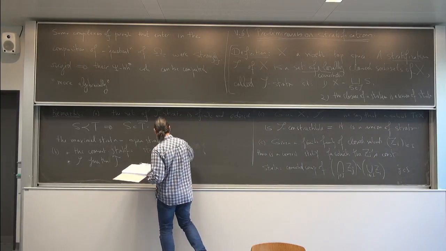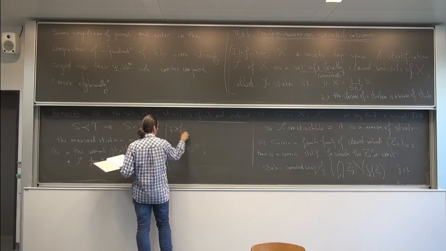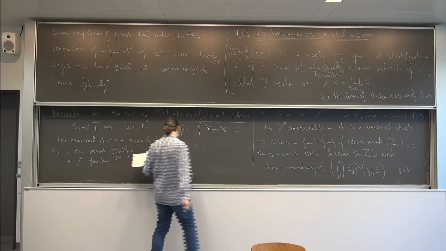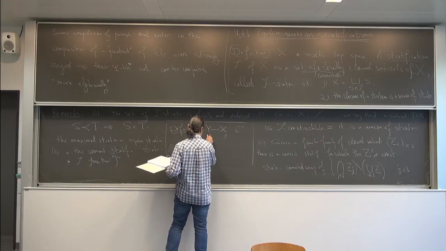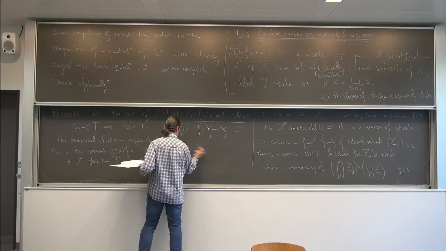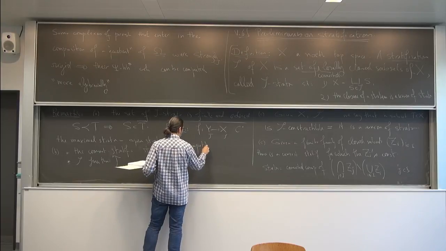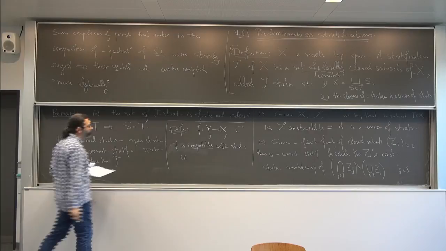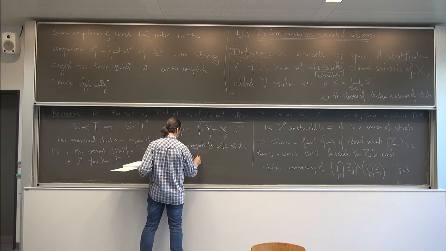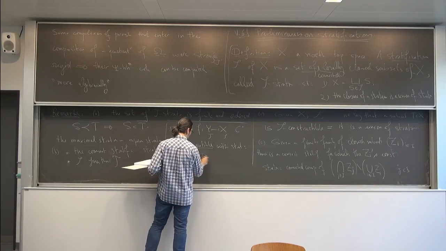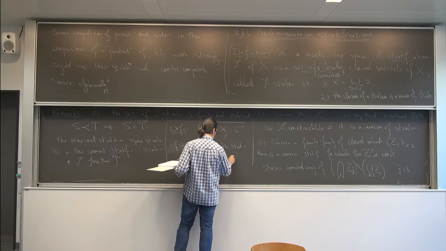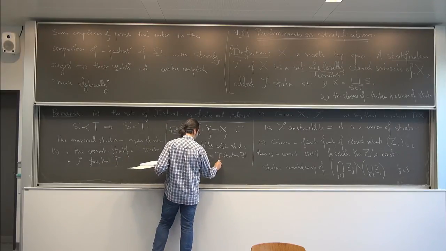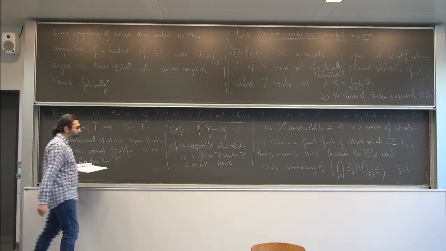Let me also put maybe a definition here. So of course, if we have a continuous map f between Noetherian topological spaces, and if we have stratifications S on X and T on Y, we say that f is compatible with the stratification if for all D in a T stratum, there exists, of course it will be unique, C an S stratum with the property that f(D) is contained in C. And you can reformulate this in an equivalent way.